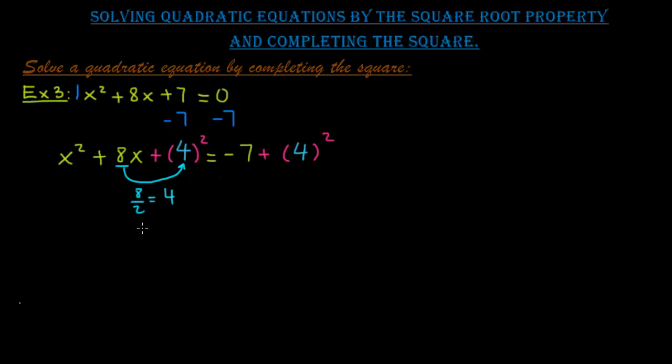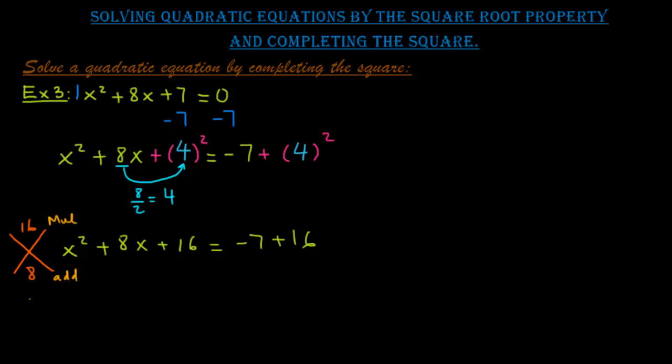Let's go over the next couple of steps, and you will see the reason why we need the half middle term squared. So we have x squared plus ax plus 4 squared, which is 16, equals negative 7 plus 16. On the left-hand side we have x squared plus ax plus 16, which can be factored by the diamond form. We fill 16 on the top and 8 on the bottom. We're looking for a pair which multiplies to 16 and adds up to 8.